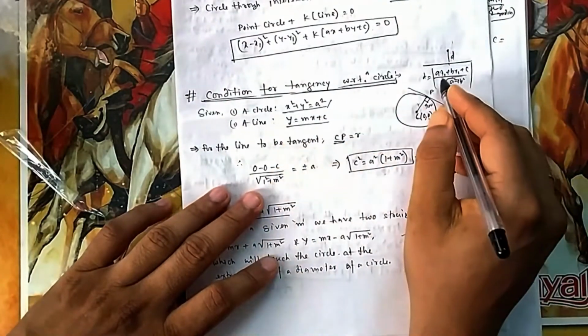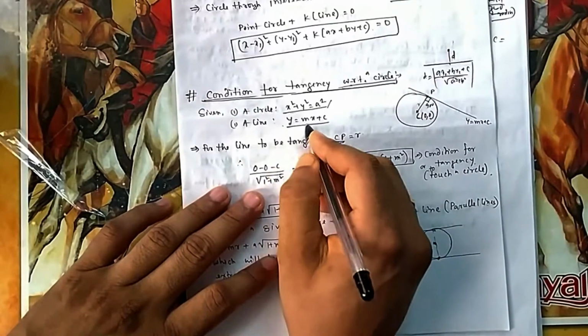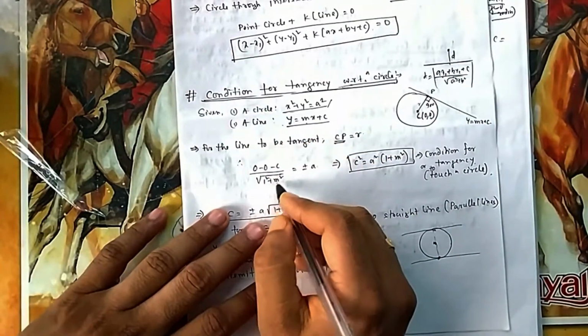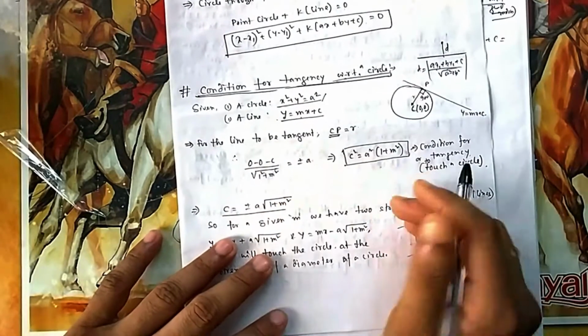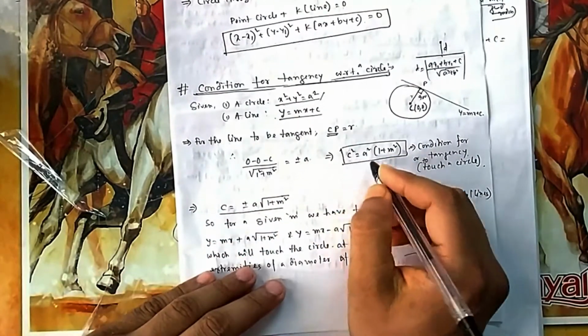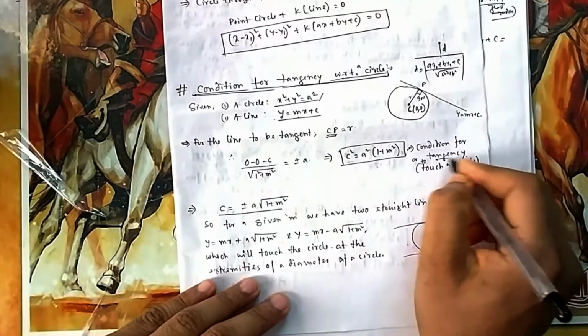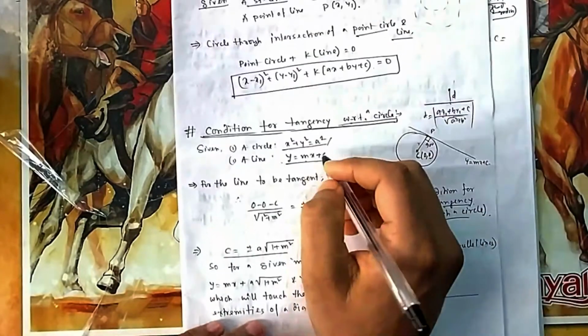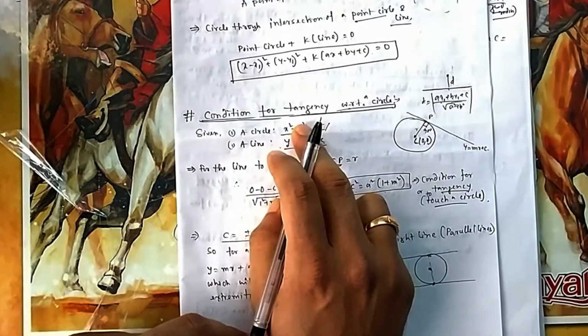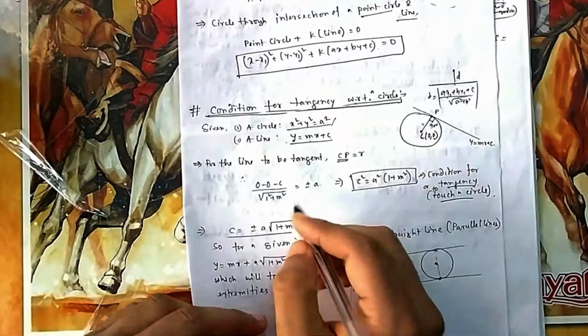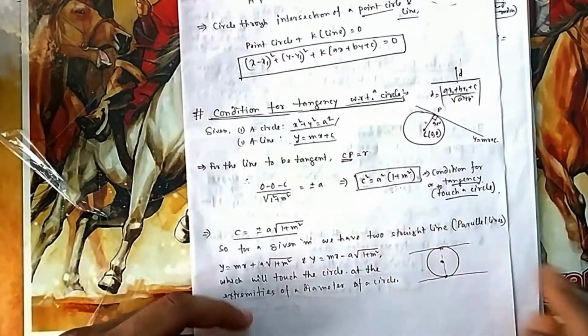Divide by under root of the coefficient of x squared and y squared: x's coefficient is minus m, y's is 1, so it is m square plus 1. Since I removed the mod, it is plus minus, and if you take the square, this is the condition. If c square is equal to this, then this straight line will obviously touch the circle and be a tangent. This is the condition we have to satisfy.